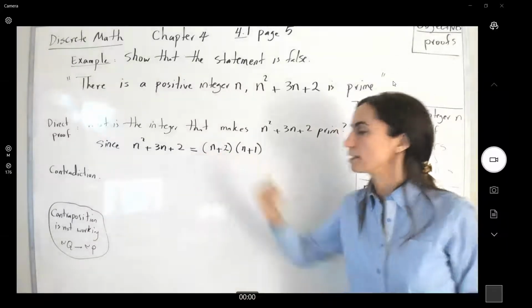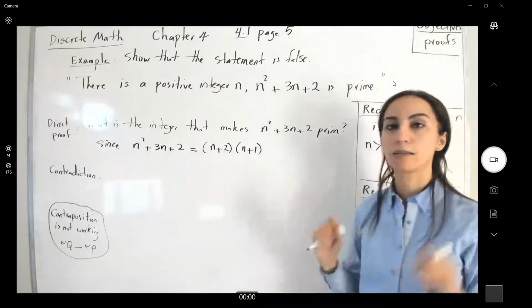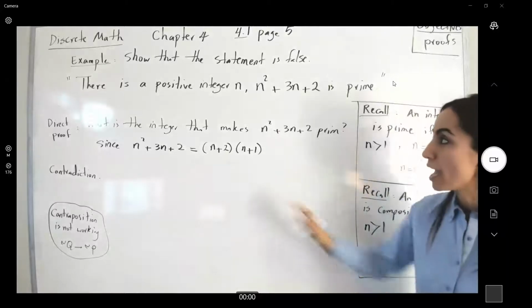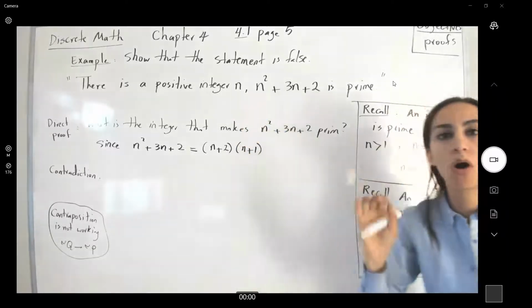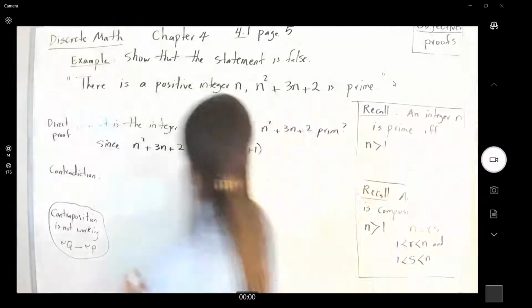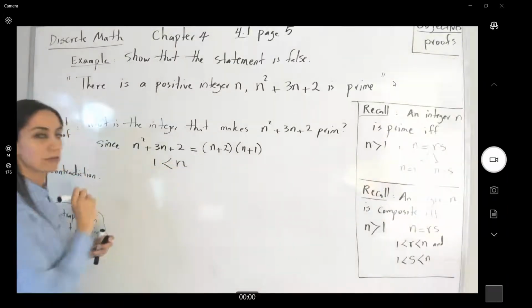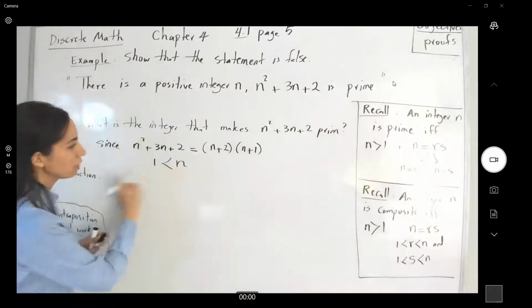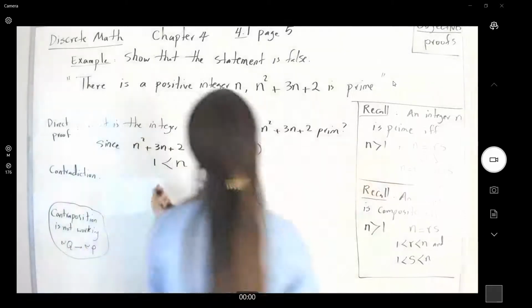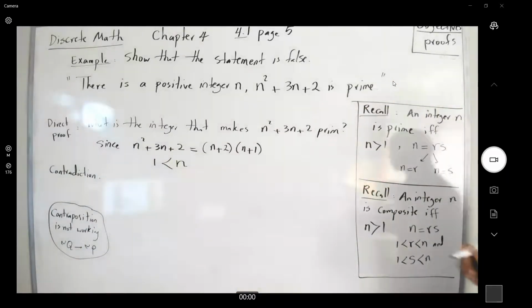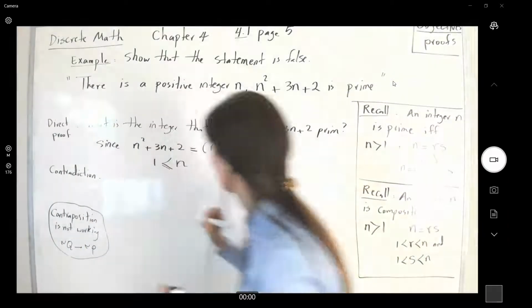I can easily analyze n plus 2 and n plus 1. Why is that? n is a positive integer, so n is greater than or equal to 1, right?